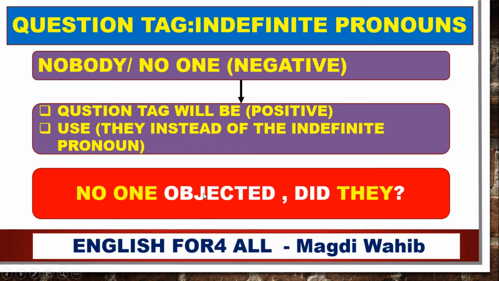Objected is a past simple, so we use did. Why do we use did, not didn't? Because no one is negative, so we put it positive in the question tag. No one objected, did they? And why do we use they? Because no one is an indefinite pronoun.